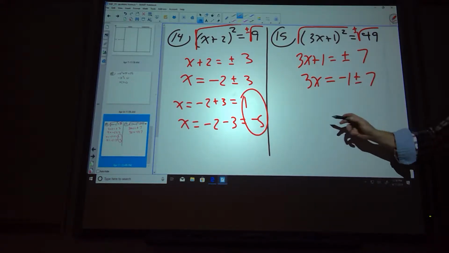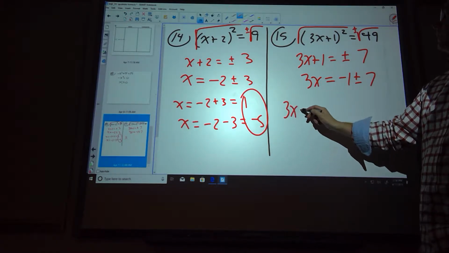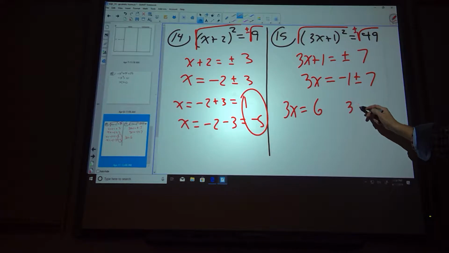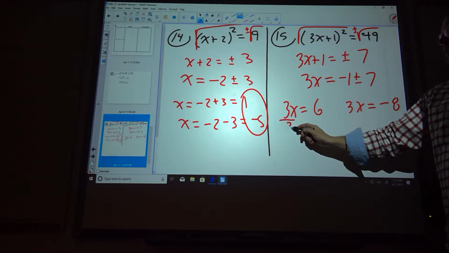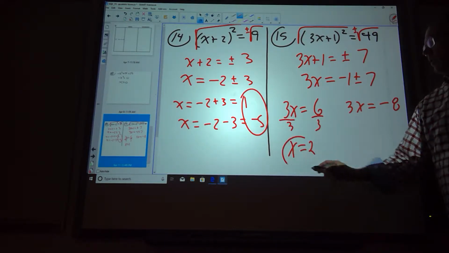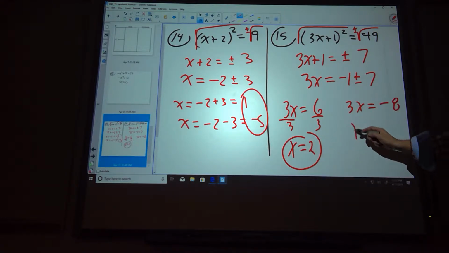What's negative 1 plus 7? 6. And what's negative 1 minus 7? Negative 8. And then divide both sides by 3. So you get x equals 2, and x equals negative 8 over 3. And you can totally leave it as an improper fraction.